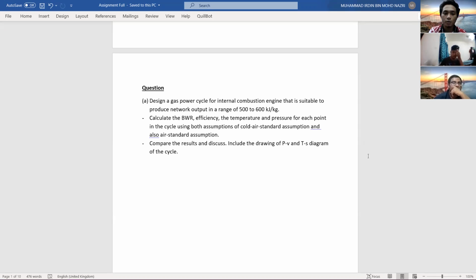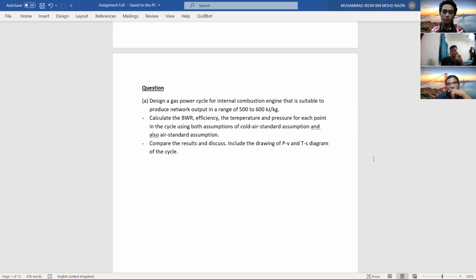And then we would also like to calculate the back work ratio, BWR, efficiency, and the temperature and pressure for each point in the cycle using both the cold air standard assumption and the air standard assumption. And then we would like to compare the results and discuss the difference between using those two standards. And we will also include the drawing of the PV and TS diagrams of the cycle.